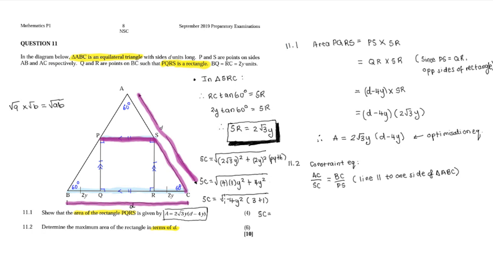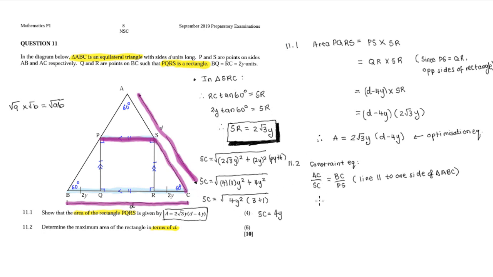If you take the square root of 4y squared, that's going to give you 2y. And the square root of 3 plus 1 is the square root of 4, which is going to be 2 as well. That 2 times that 2 will give you 4y. So this side SC is equal to 4y.